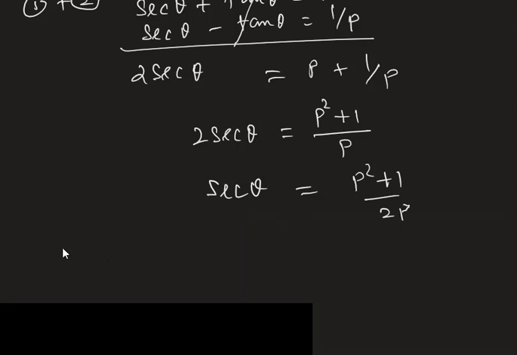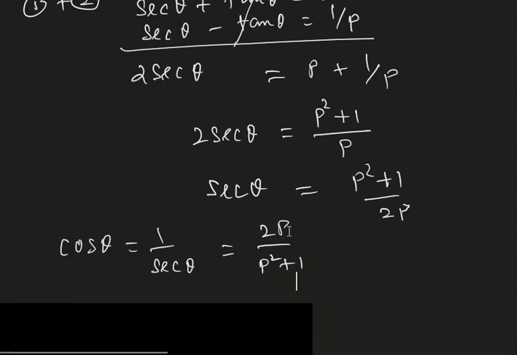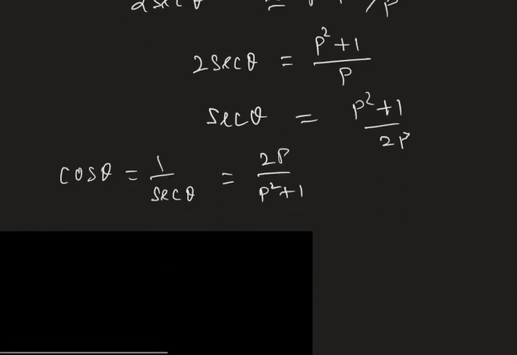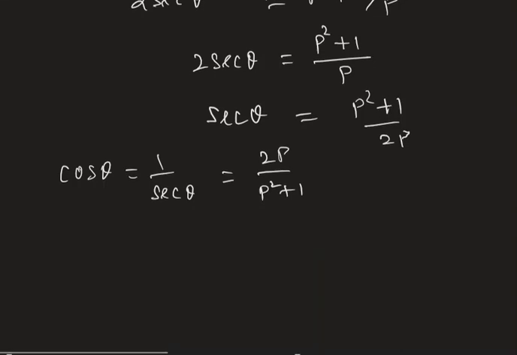So we can reciprocate this: cos theta is 2P divided by P squared plus 1. Do you understand? Now we need to find out sine theta, because it is asked. So we know sine theta is equal to, so this is the third answer, third equation.